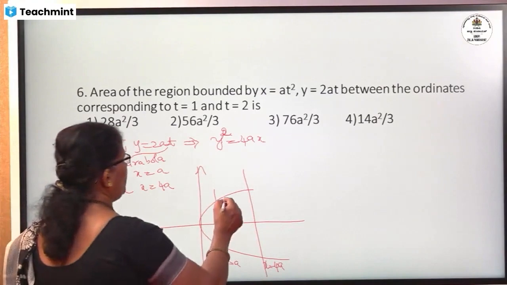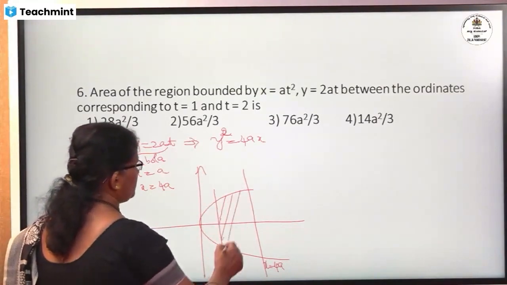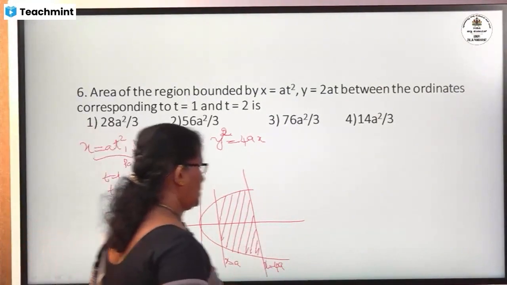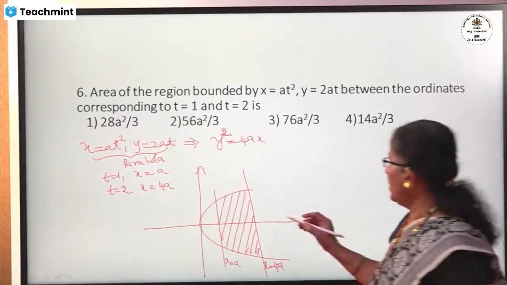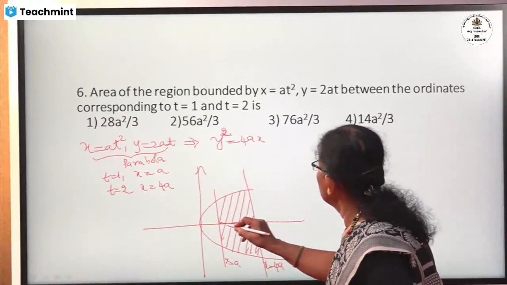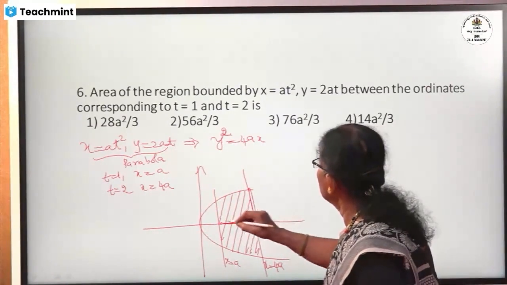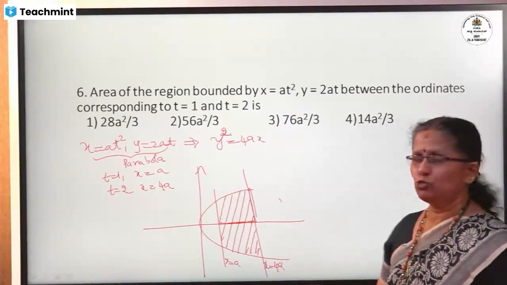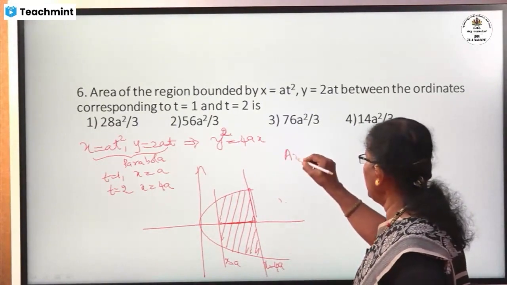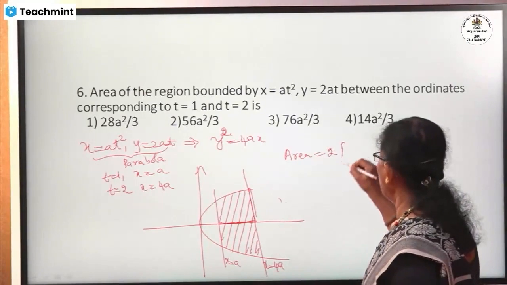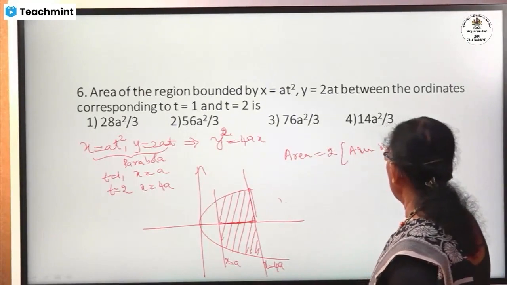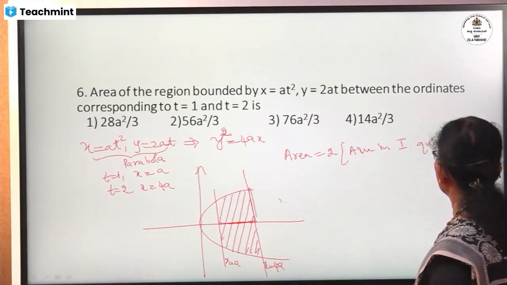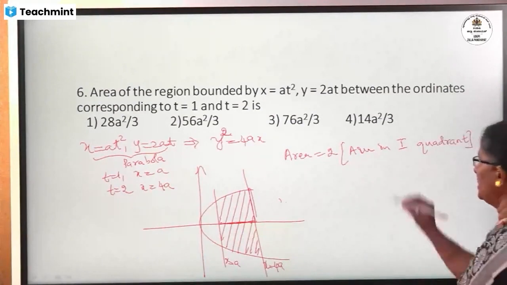So you have to find this area. But what you can do is find this area and then multiply it by 2 because of symmetry. So area is 2 times area in the first quadrant.